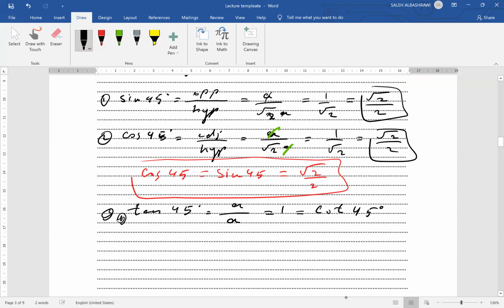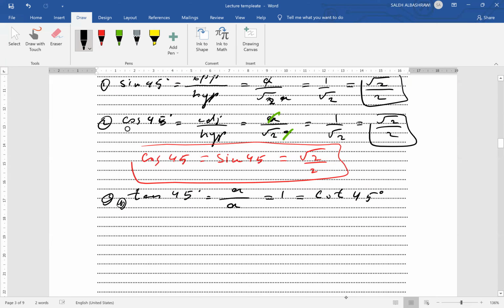The fifth one is secant theta, or secant of 45, which is equal to the hypotenuse divided by the adjacent. This is equal to square root of 2 multiplied by A divided by A. A will cancel with A. It is only square root of 2. And this is equal to cosecant.